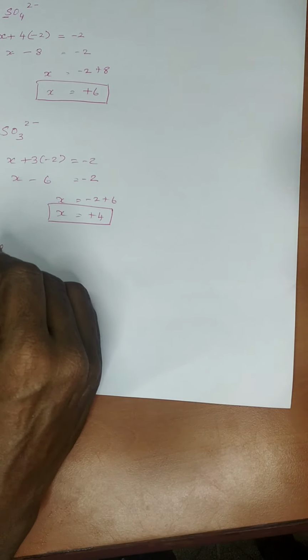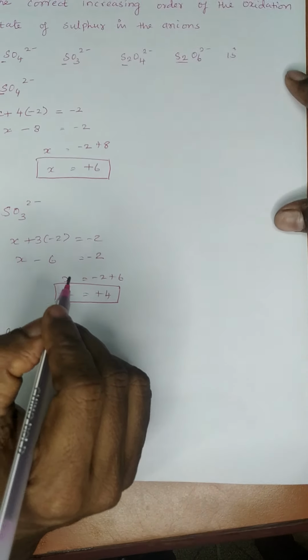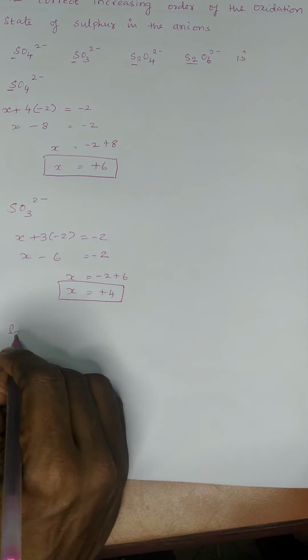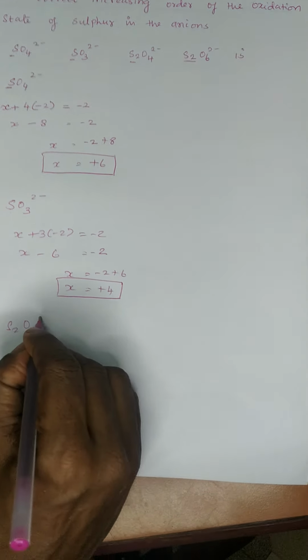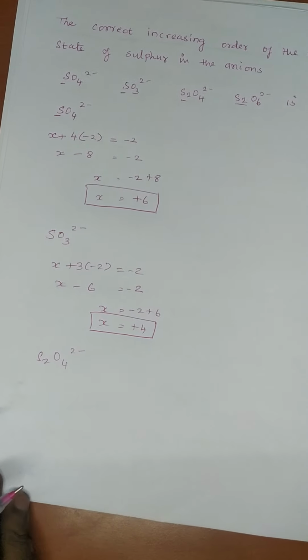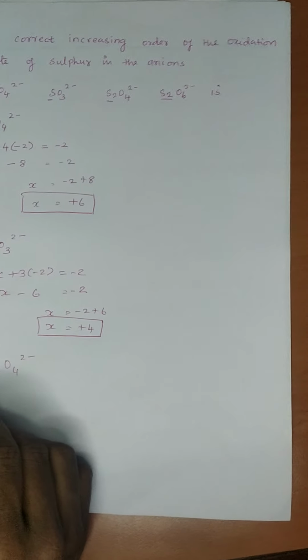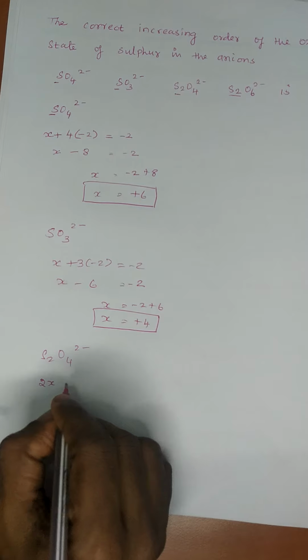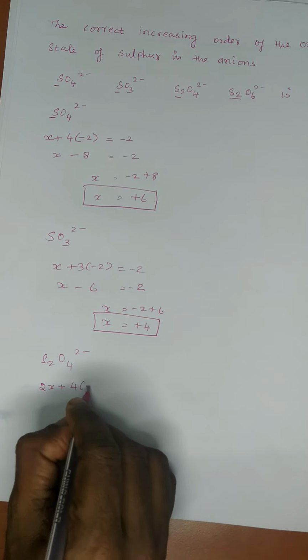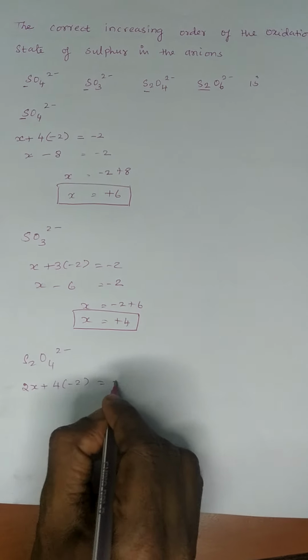Then S2O4 2 minus. Here the number of sulfur atoms is 2. So we take it as 2X plus 4 into minus 2, equal to the net charge, minus 2.